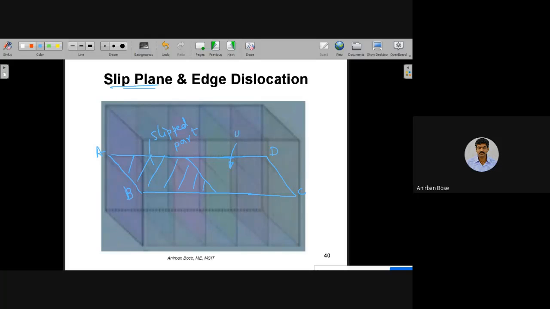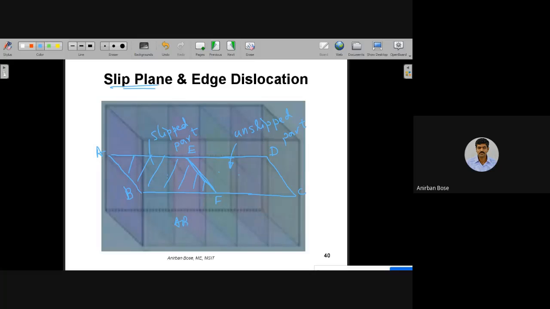Okay, and this is the unslipped part. So on the slip plane there are two parts. One is the slipped part, another one is the unslipped part, and the junction of the slipped part and the unslipped part is basically the edge dislocation. So edge dislocation is basically the junction of the slipped part and unslipped part in the slip plane.